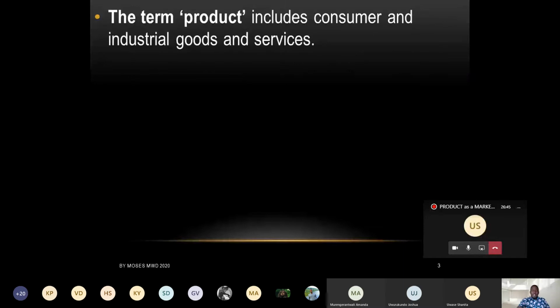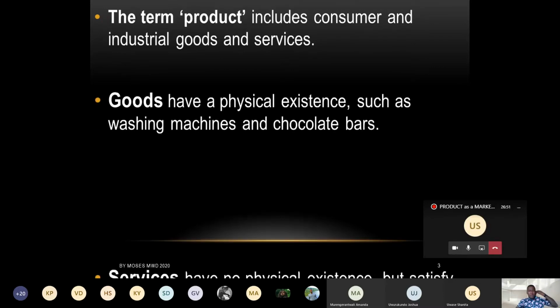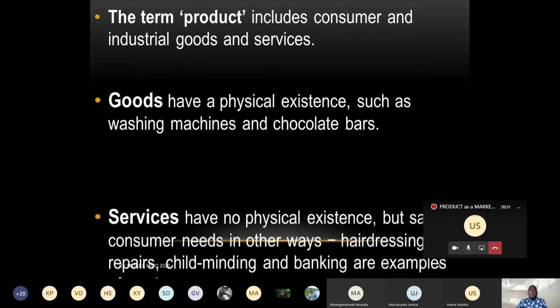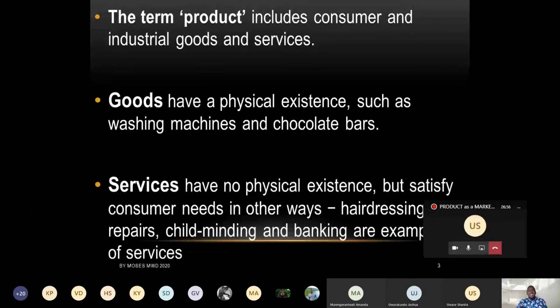A product, these things are for your senior one and year 8. We talk about a consumer or a durable good. A good is tangible, it is visible, it has physical existence, like a chair, like a car, like a house.